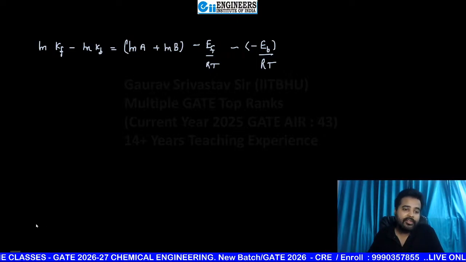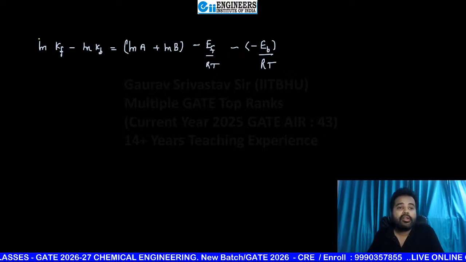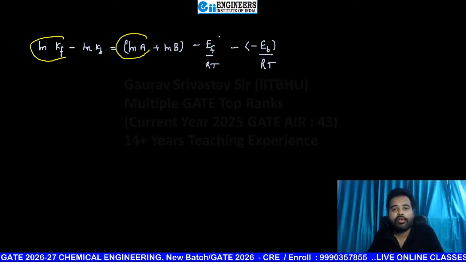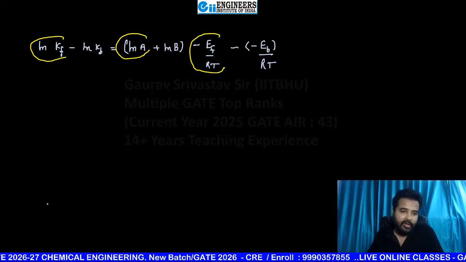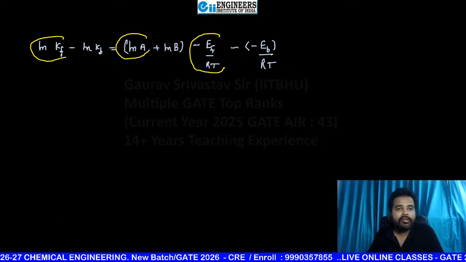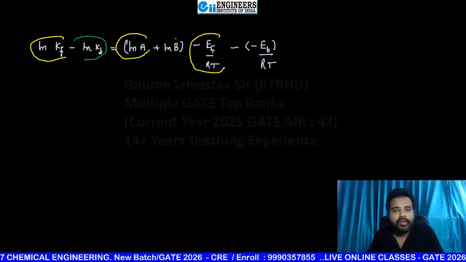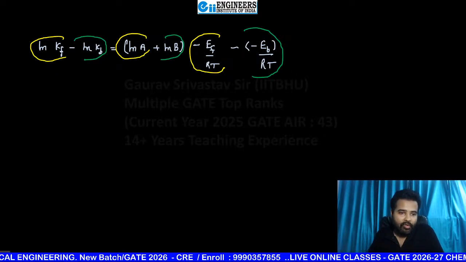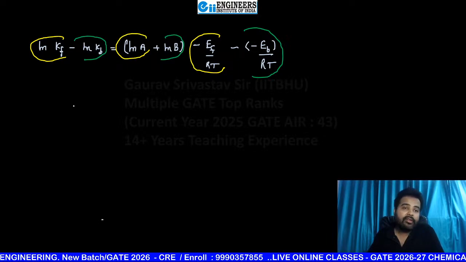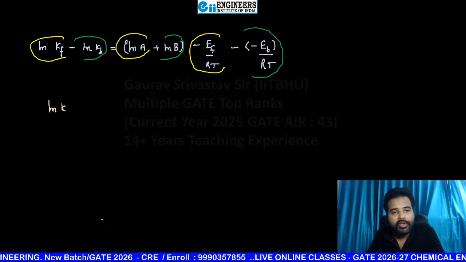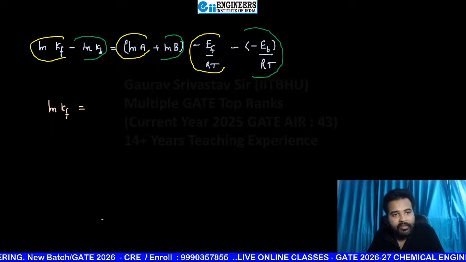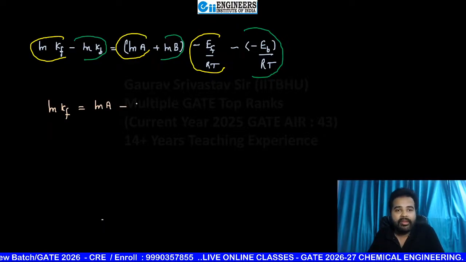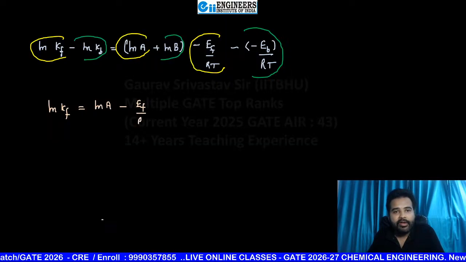Now the same analysis was done by Arrhenius, and he said to use only the forward alone. This is for forward, this is for forward, and this is for forward. Then he separated these three terms. After separating, you can write these equations as ln of kf equals, by his experiments he got this result, ln of A minus Ef by RT.